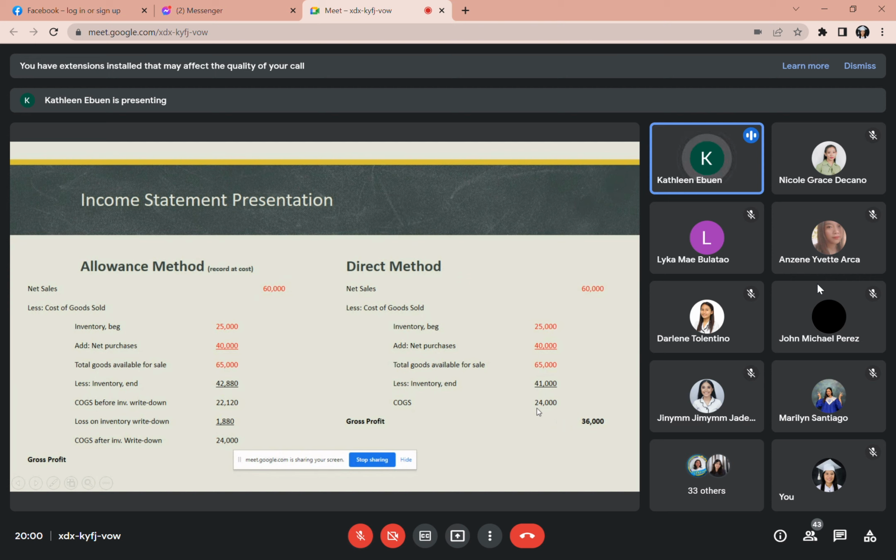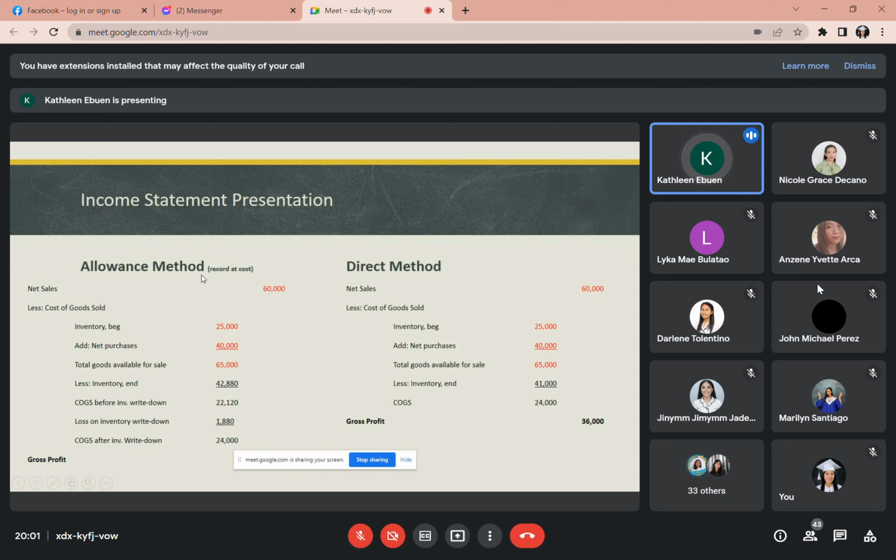So, pareho lang class yung mako-compute nating cost of goods sold under direct method tsaka allowance method. Kung ano na lang yung mas madali sa inyo, yun yung i-apply ninyo. Again, allowance method, i-record natin siya always at cost. Kahit mas mababa si net realizable value, i-record pa din natin siya at cost.